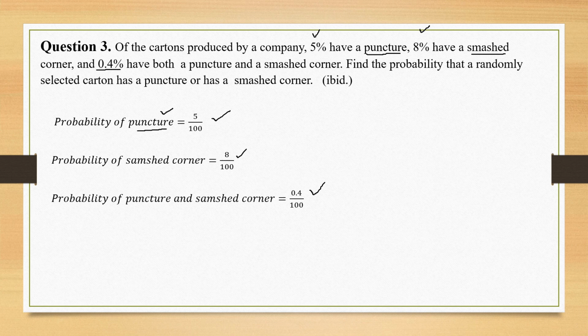Now from here we will find the probability that a randomly selected curtain has a puncture or a smashed corner.